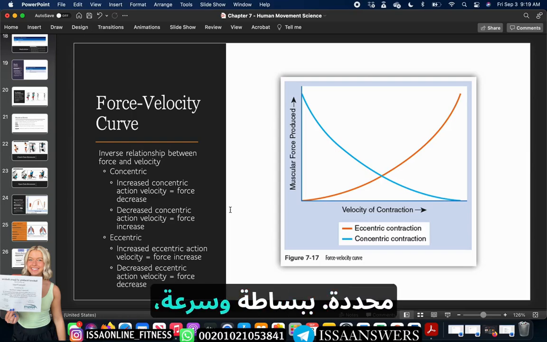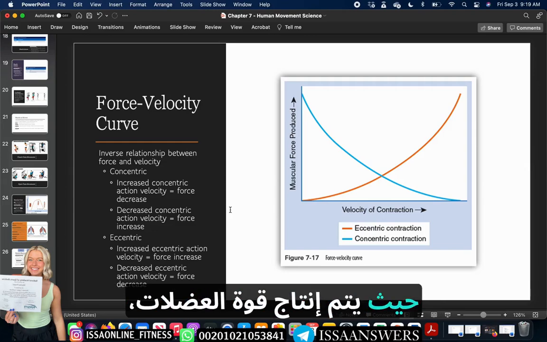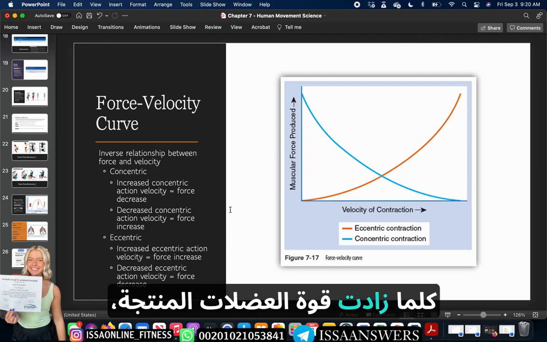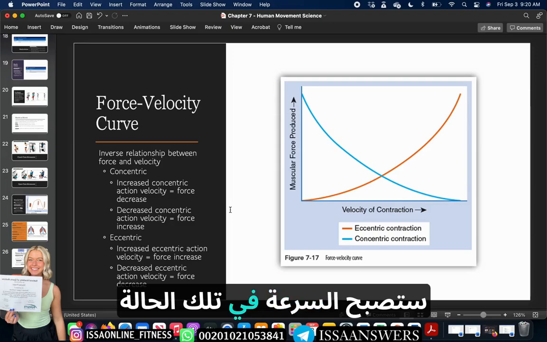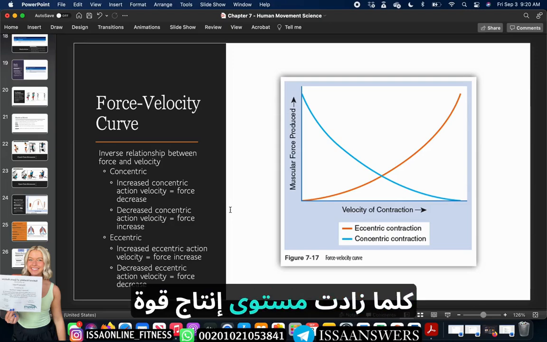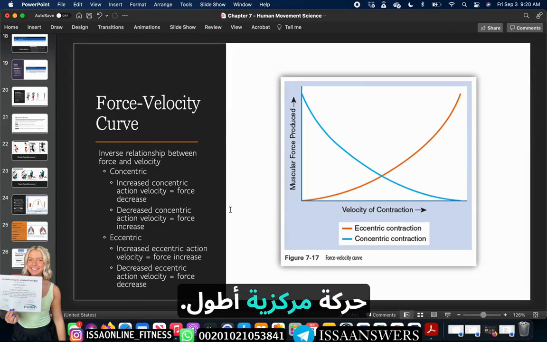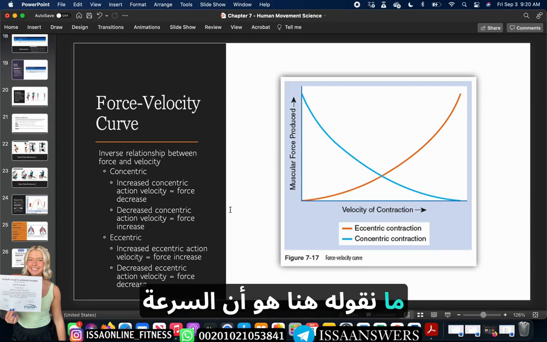So really quick and simple to understand is that it's an inverse relationship. As muscle force is produced, as you have a higher muscle force being produced, the velocity will eventually be in that state for concentric. As you have a higher level of muscle force production, as you get into a longer concentric action, what we're saying there is the velocity will slow down.